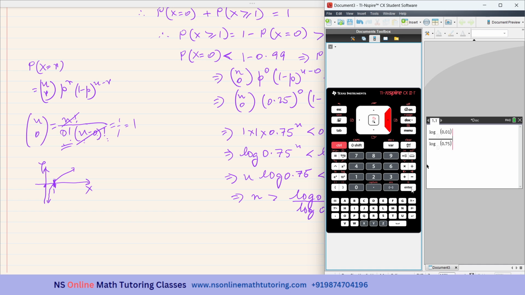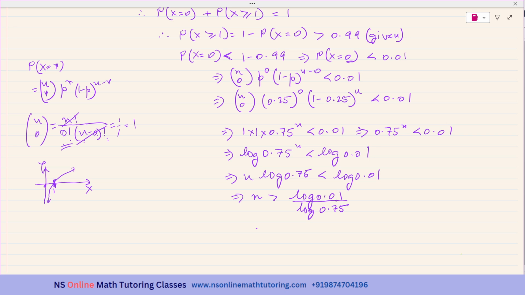Okay, and enter. It is 16.0078. So correct to 3 significant figures, it is 16.0. So this is approximately equal to 16.0.